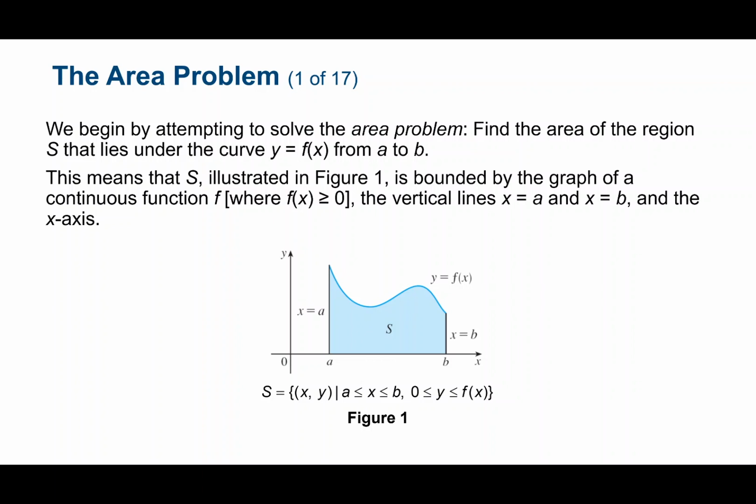That's where we're headed. Technically, the curve can go down below the x-axis too. We'll talk about that when we get there. But that's the idea of what we're working on here.